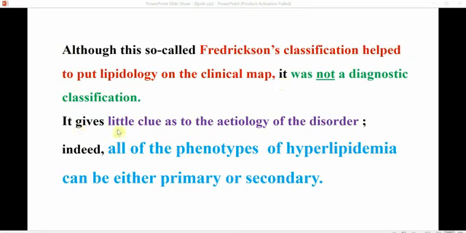It just gave a little clue to the etiology of the disorder, and all the phenotypes of hyperlipidemia can be either primary or secondary. In the Fredrickson classification, we consider the primary types of hyperlipidemia, which are mostly related to genetically determined abnormalities in lipid metabolism, whereas the secondary type is related to other metabolic abnormalities.